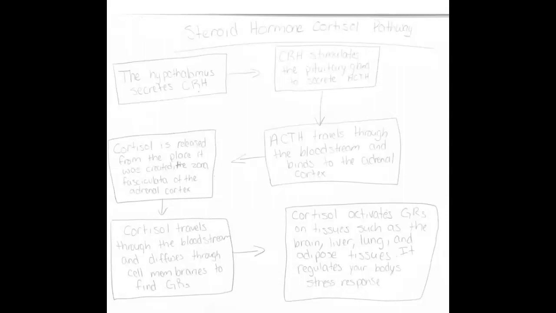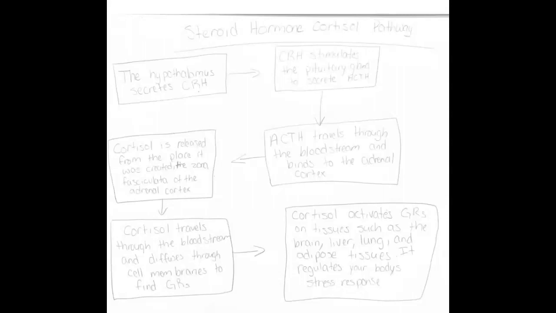So, the steroid hormone that I chose was cortisol, and this is the pathway. Cortisol is ultimately released by the adrenal cortex, but this is due to the hypothalamic pituitary adrenal axis. So we're going to start with the hypothalamus.